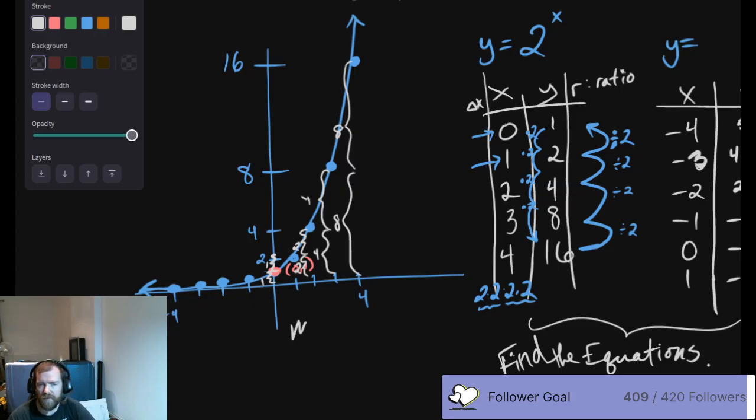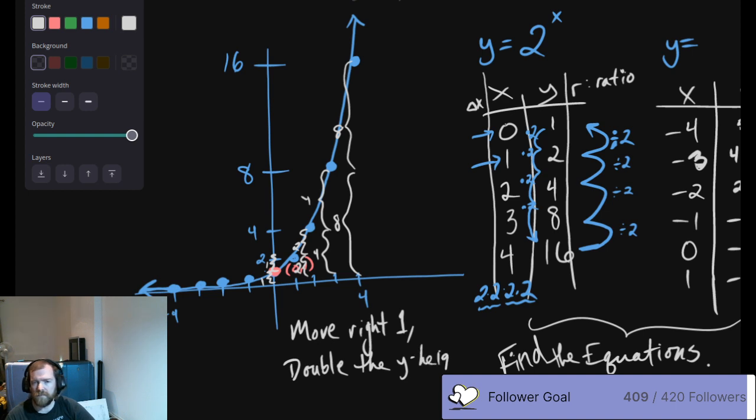So, this is our scheme that we're going to use for this particular exponential function.